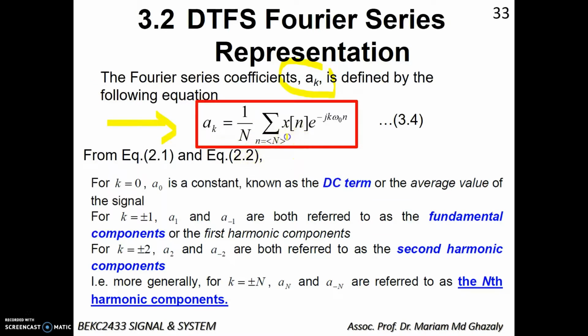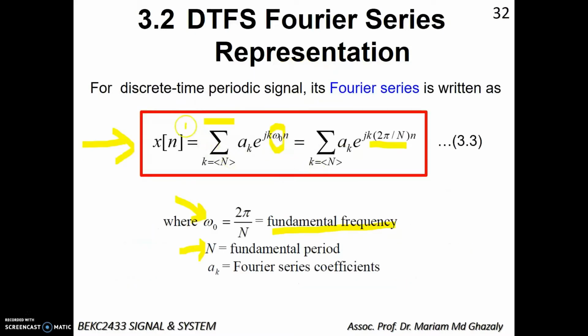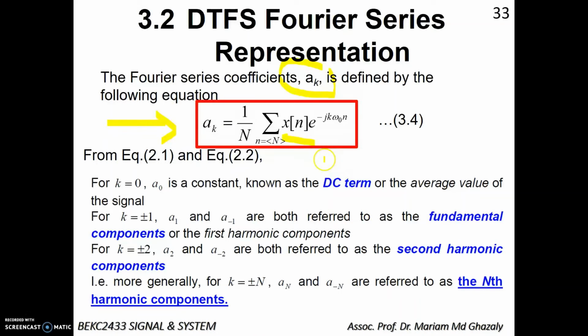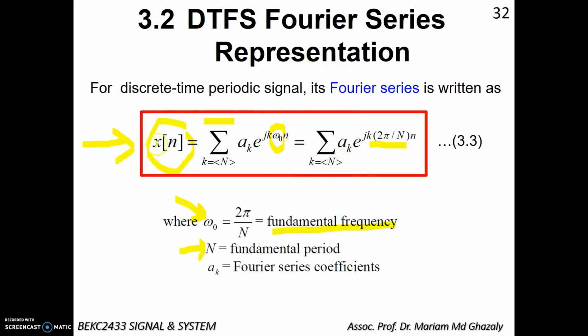Remember, it is actually vice versa. Either you need to find the value of a_k, the Fourier coefficient, or you need to find the equation or signal value for x[n] when you are given the Fourier coefficients.